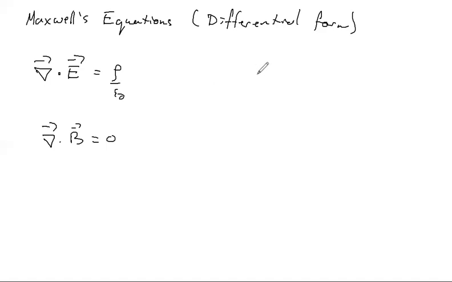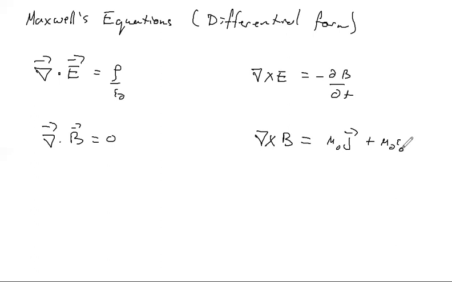And then for the Ampere-Maxwell law, we get del cross B equals, now, you don't get current, you actually get current density, plus mu naught epsilon naught times the time derivative of E.